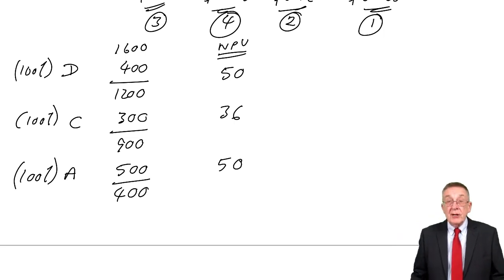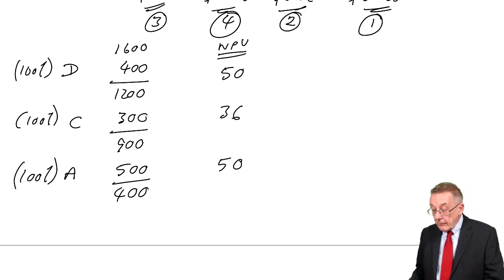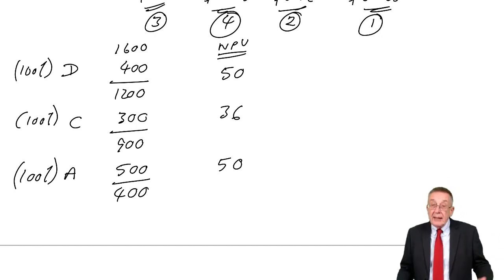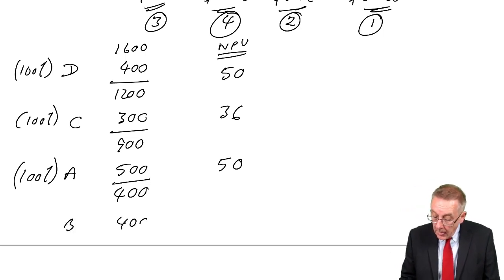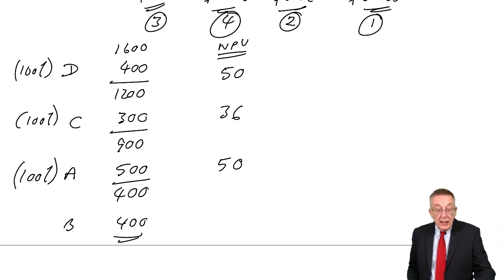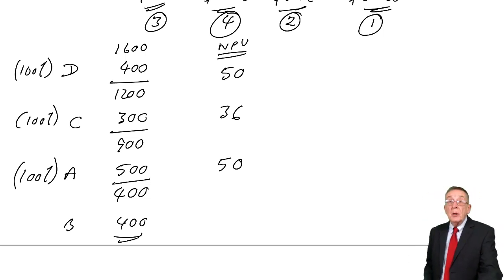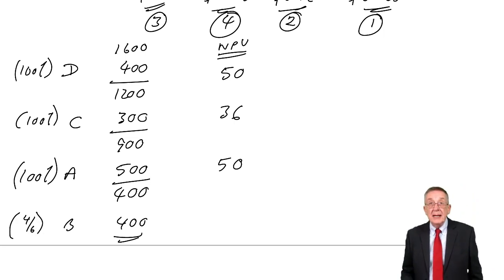We've still 400 left. And so, of course, we can't invest more in A. It'll have to go into the last one, B. And here, of course, we can't do all of B. We'll invest 400. To do all of B would require 600. So what we're doing is 4/6 or 2/3 of B.